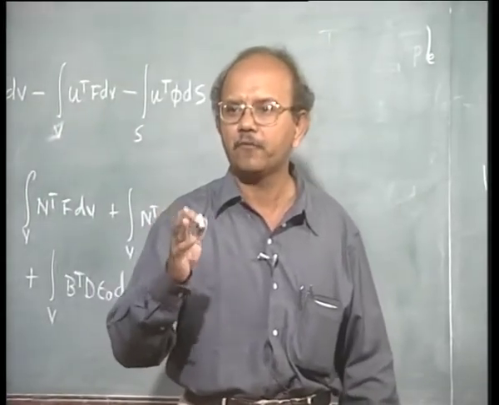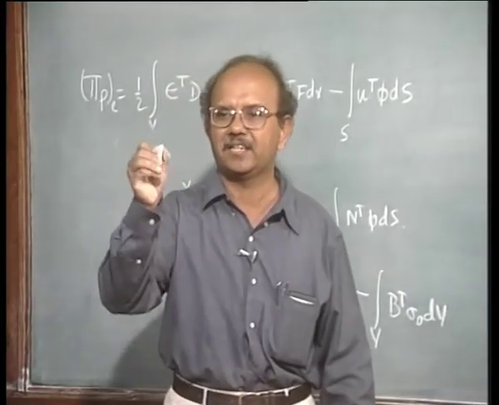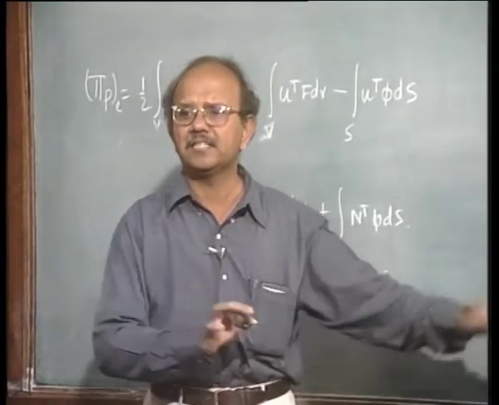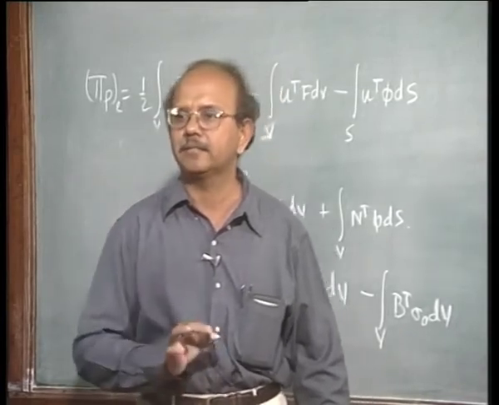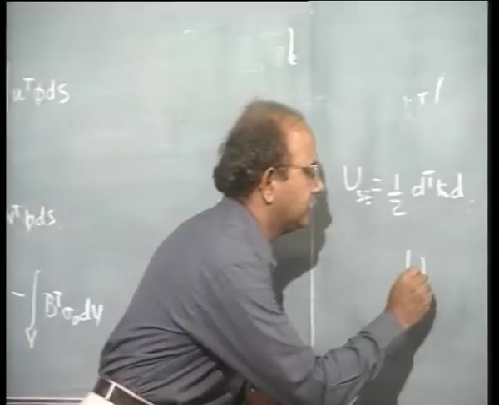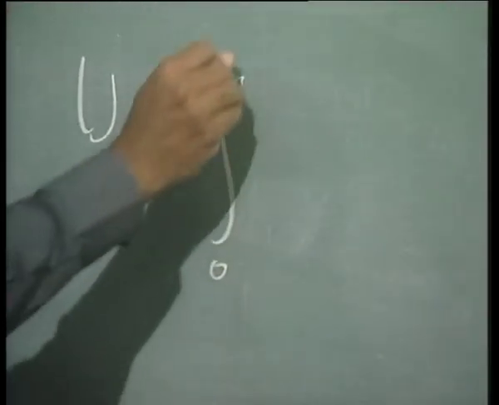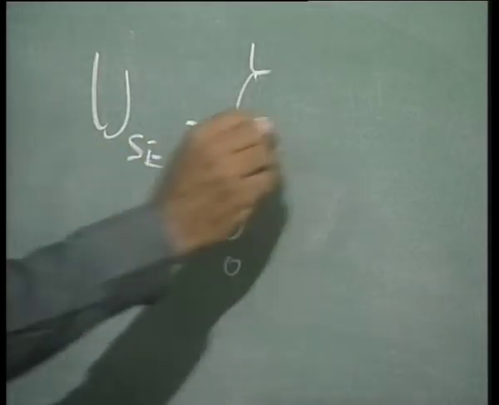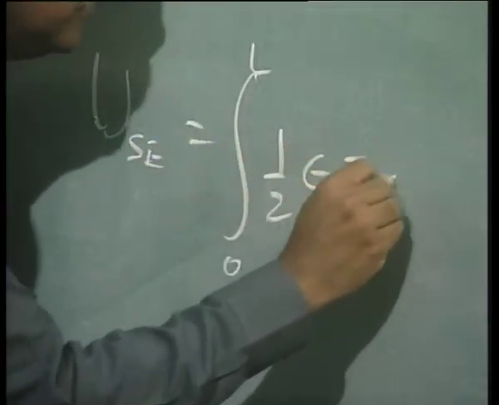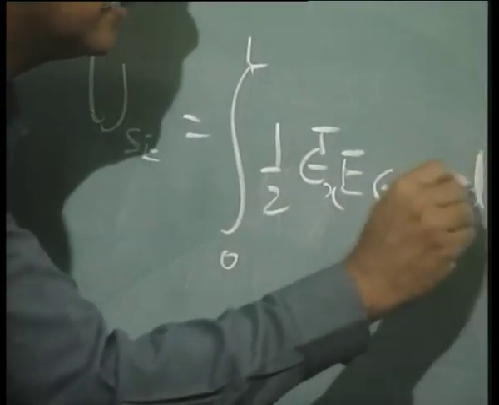Though it is half E epsilon squared, you can write it as epsilon x transpose, symbolically, the same way we write E epsilon A dx, integral from zero to L, where L is the length. Half epsilon transpose A dx.